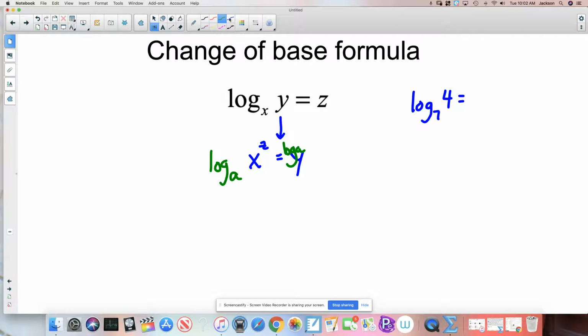So my new equation would say log base a of x to the z is equal to log base a of y. Okay, so when you look at this, the equation is still balanced, okay?